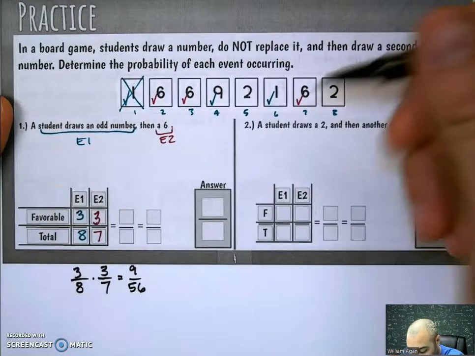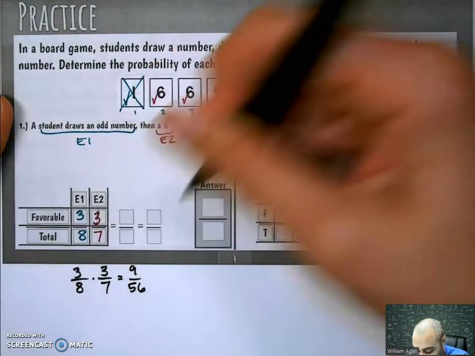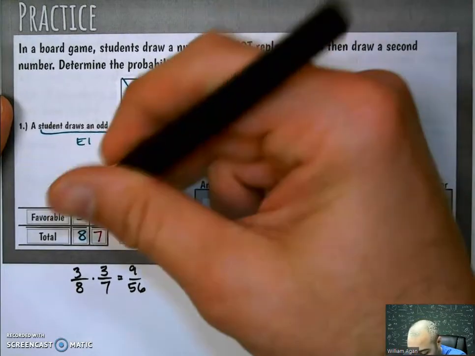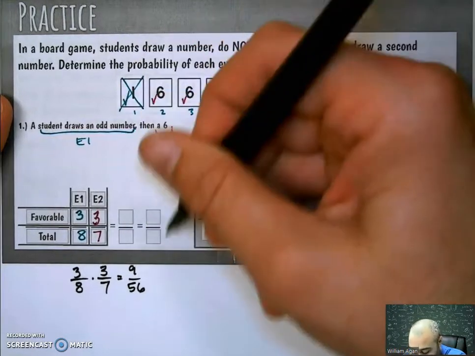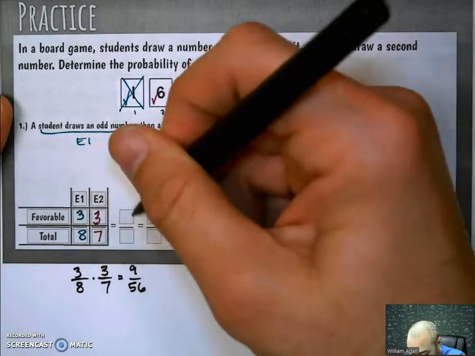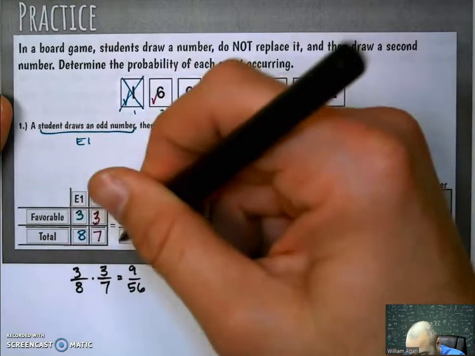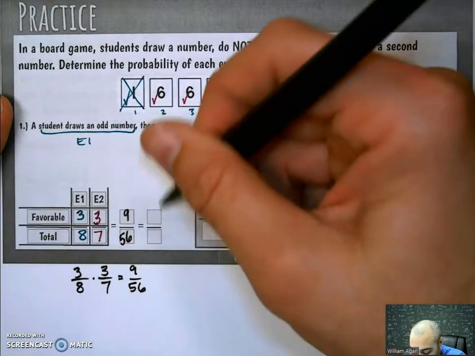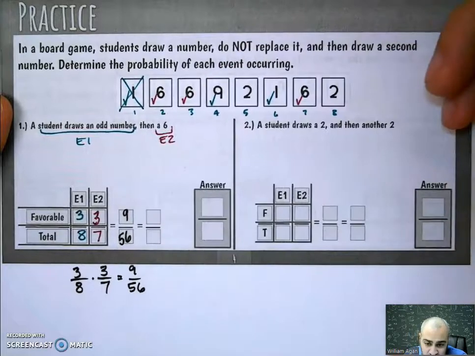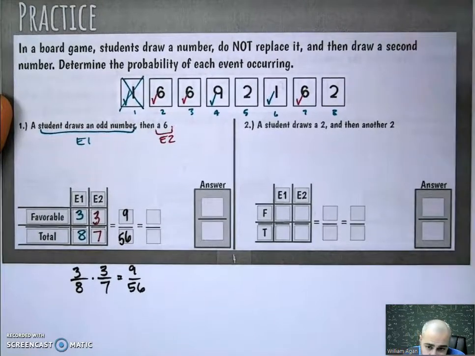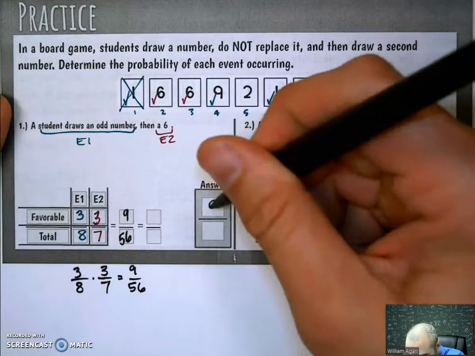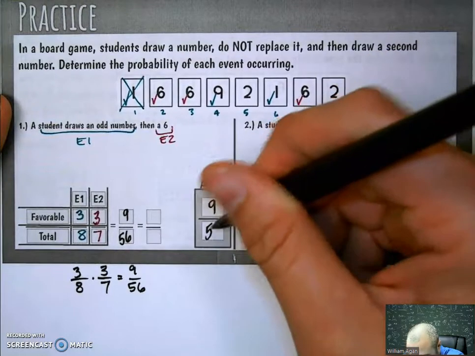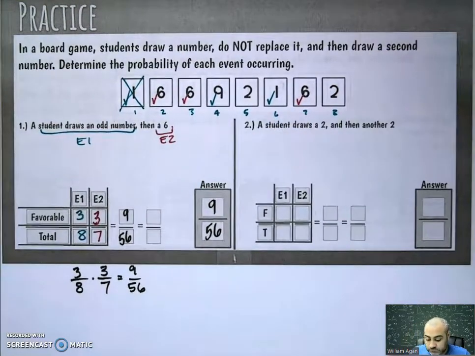Now up here, what I did with these boxes, I wanted you to multiply straight across and then simplify. And this one would be for your simplified answer. But on this one, you can't simplify. So the answer is just 9 over 56.